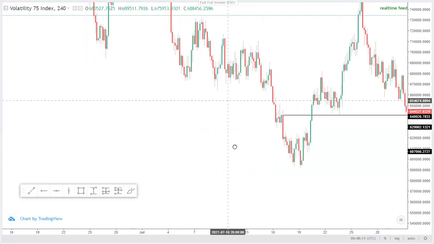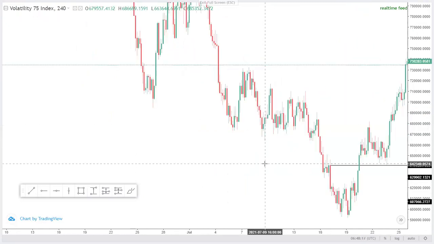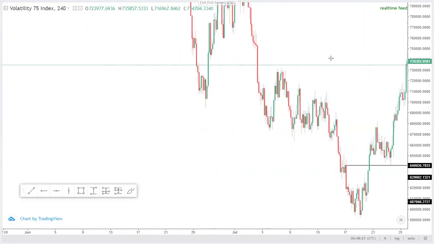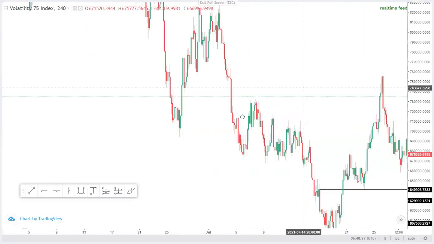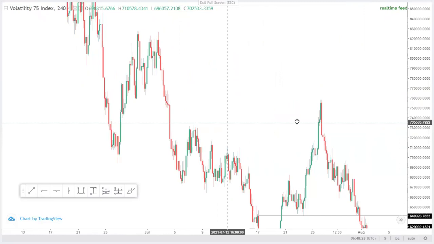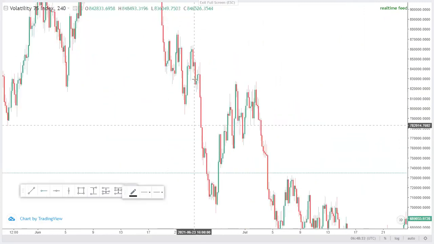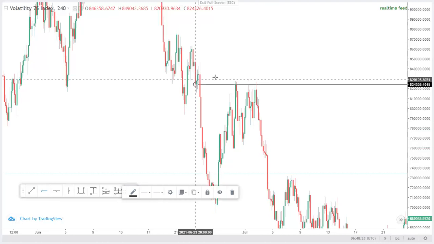There are some entries that are lower risk, and I'm going to show you how to spot those entries when we get to the risk management lesson. We also have a breaking retest right here.